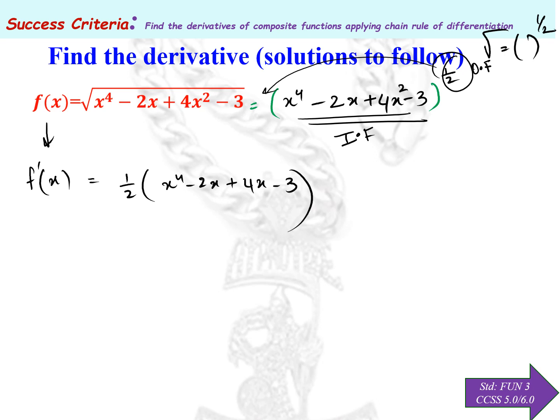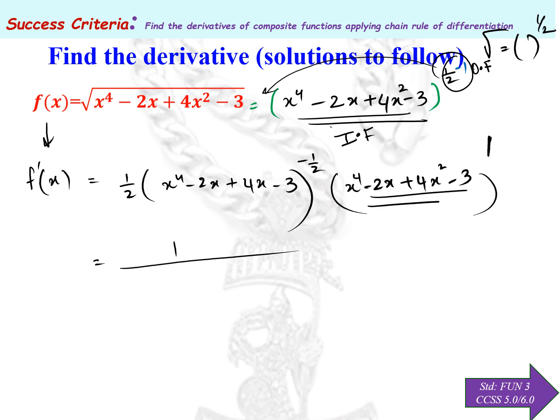From the power, subtract 1. So half minus 1 gives us negative half. Now write the inner function, meaning only the bracket expression without the power, and put a prime on it, which means that I have to take the derivative of the inner function.